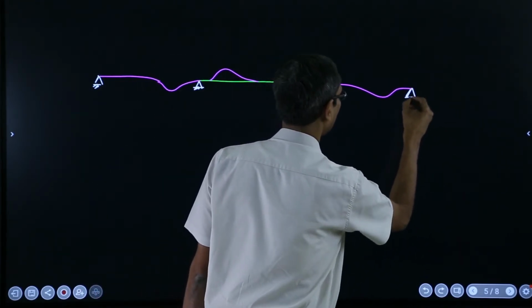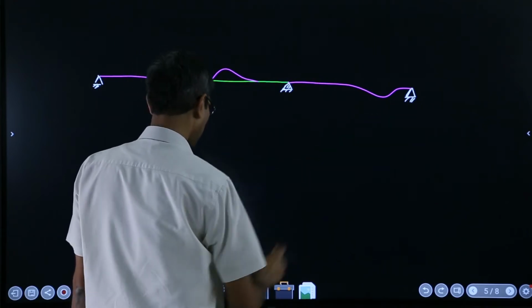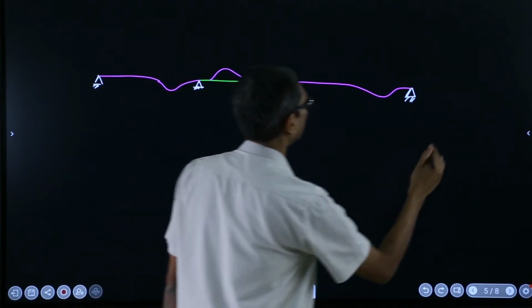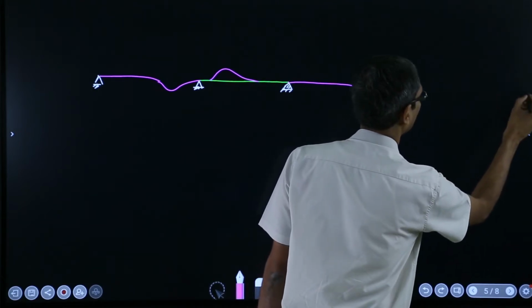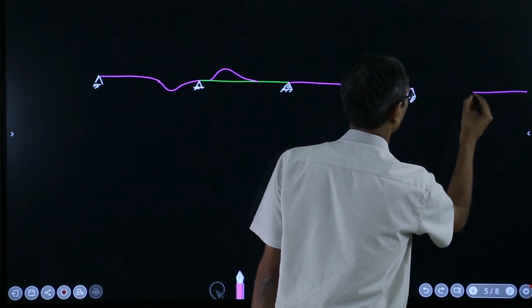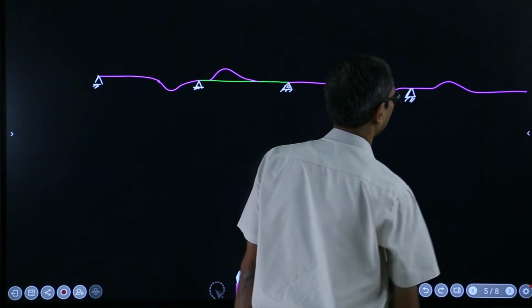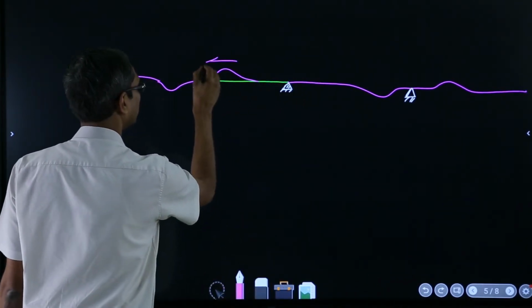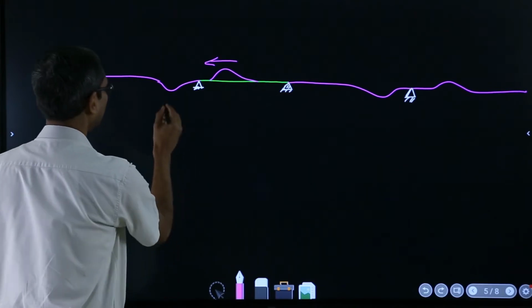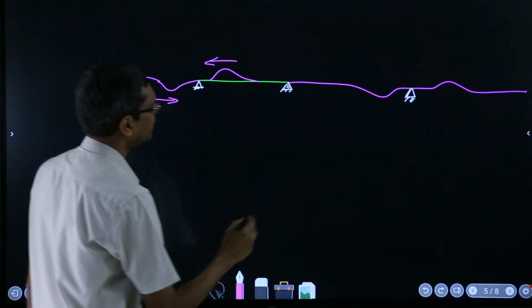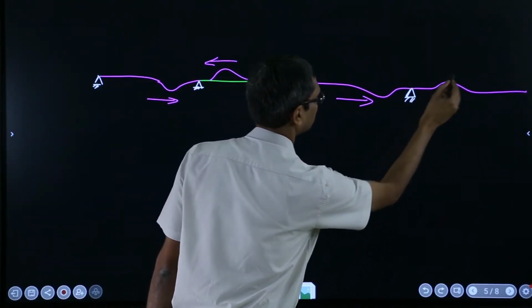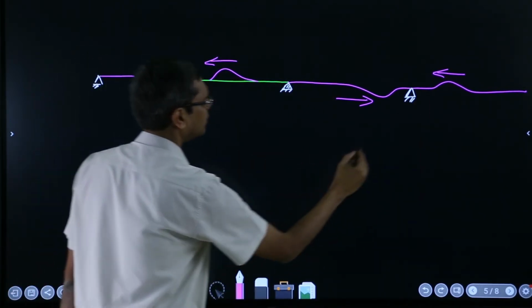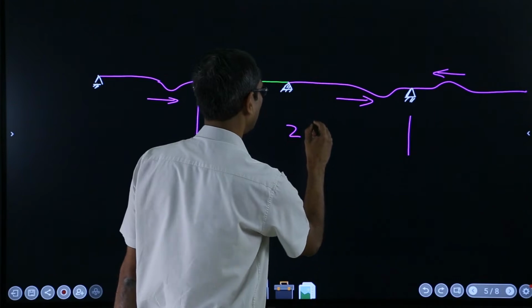Here there is a peg, and from there it will be like this. That means here it's moving this side, here it's moving this side, here it's moving this side, here it's moving this side, and this is of 2L.